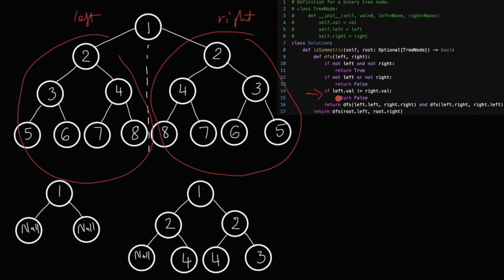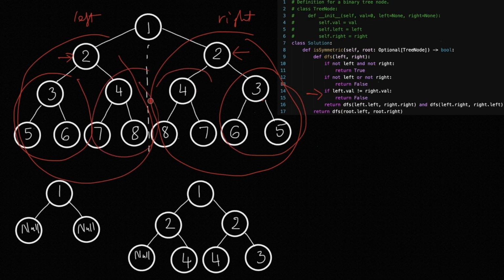So if left.val, which is this node, is not the same as right.val, which is this node, then we can return false right away. But if they are equal, we can keep moving forward and comparing their children, which is this subtree and this subtree, and then this subtree, then this subtree, and so on and so forth, until all the nodes in this tree have been visited.